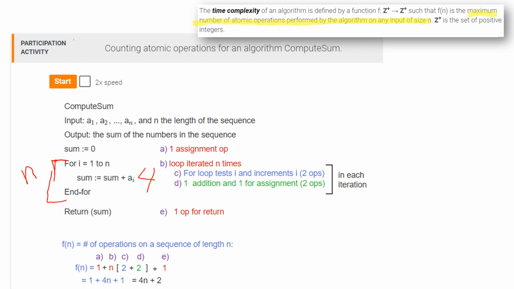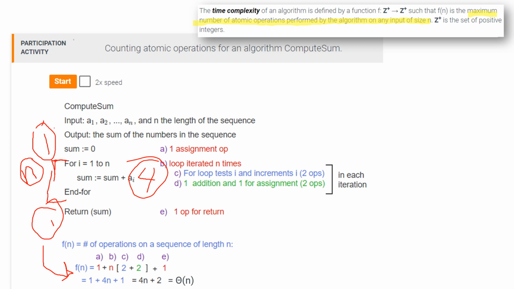So if we were to add all this up, plus the 1 and 1, what are we going to have? We're going to have 1 plus 4 times n plus 1. And that's what we have right here at the very bottom: a 1 plus a 4 times n plus a 1. And that simplifies to 4n plus 2.